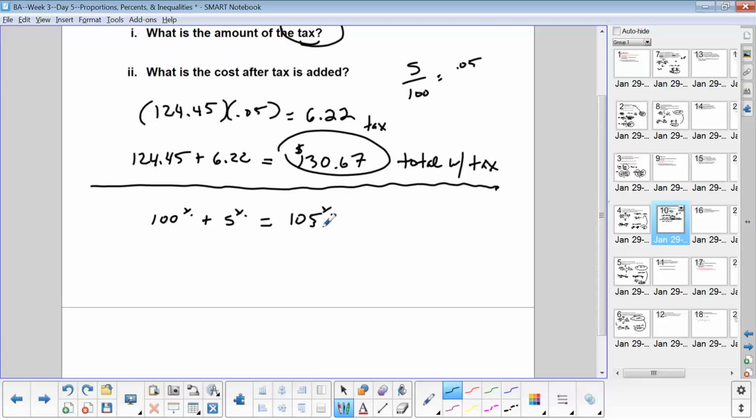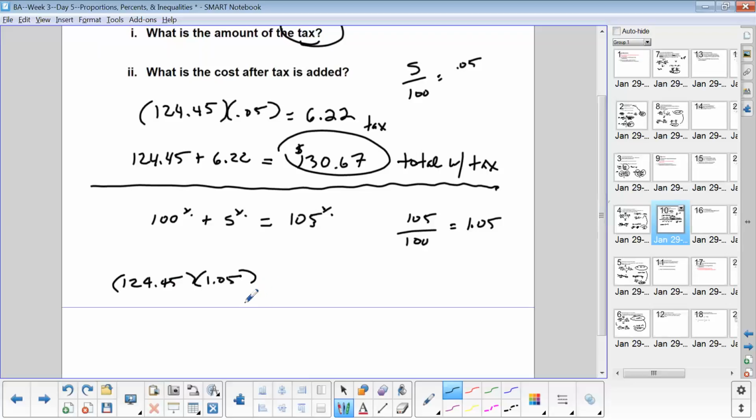So 105% as a decimal is 105 divided by 100, which is 1 5/100. So another method is, if you know the total, which is $124.45, you could multiply it by 1 5/100.